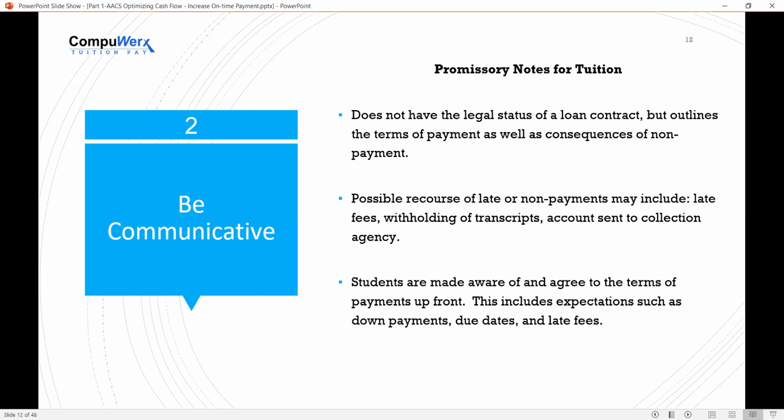Possible recourses for late or non-payment might include late fees, withholding of transcript, being dropped from their classes, or being sent to a collection agency. Students are made aware of the agreement to the terms of payment, which might include a down payment upfront, the due date for the payment, and also a late fee if they don't pay on time.